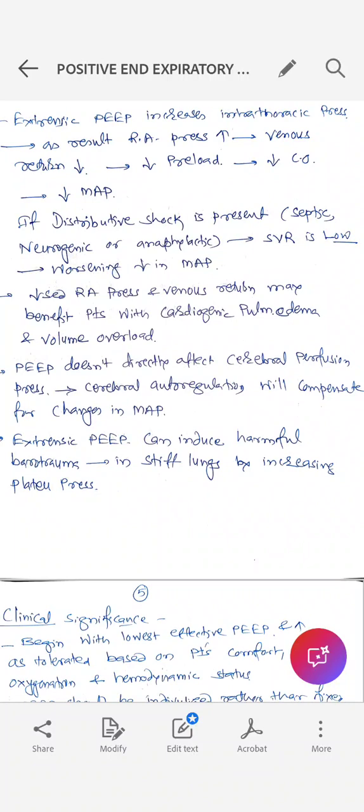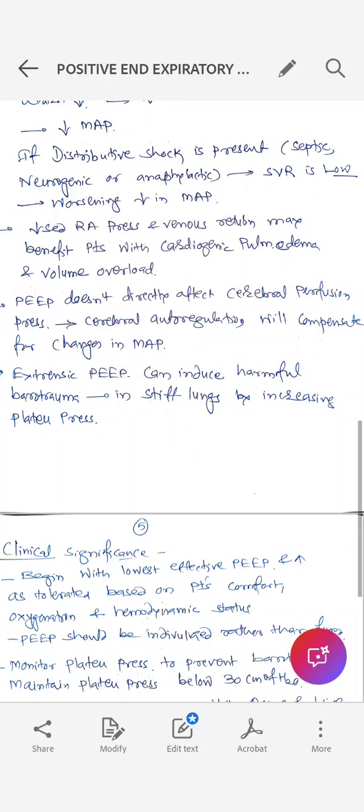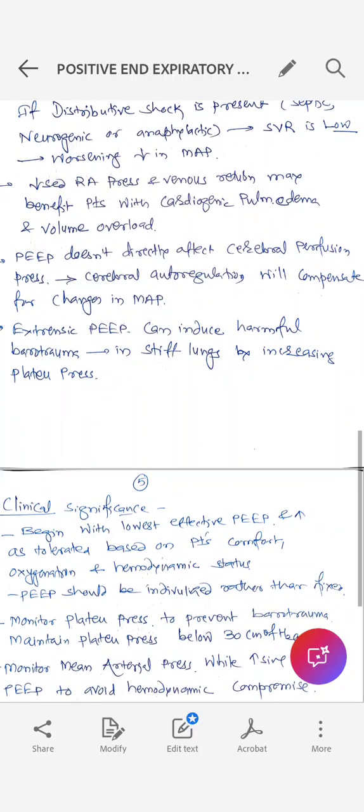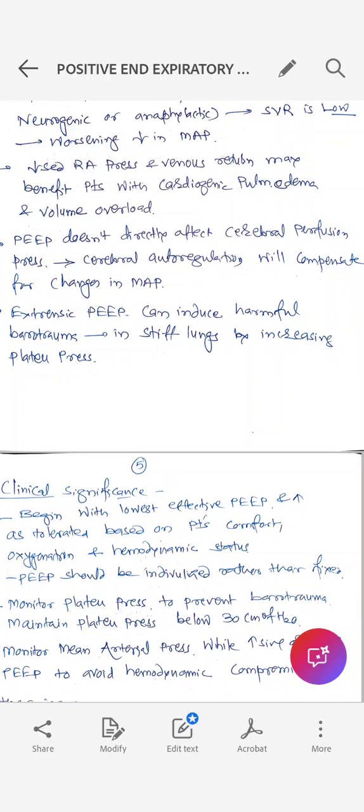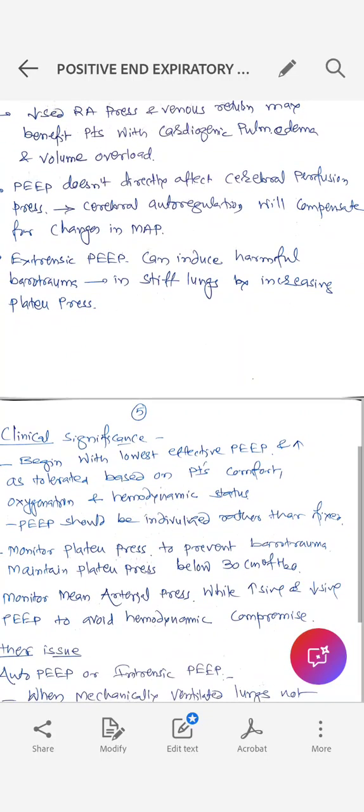If the patient is in distributive shock, for example septic shock, neurogenic shock, or anaphylactic shock, there is already a decrease in systemic vascular resistance. Therefore, there is worsening of the decrease in mean arterial pressure. The increased right atrial pressure and reduced venous return may benefit patients with cardiogenic pulmonary edema and volume overload.